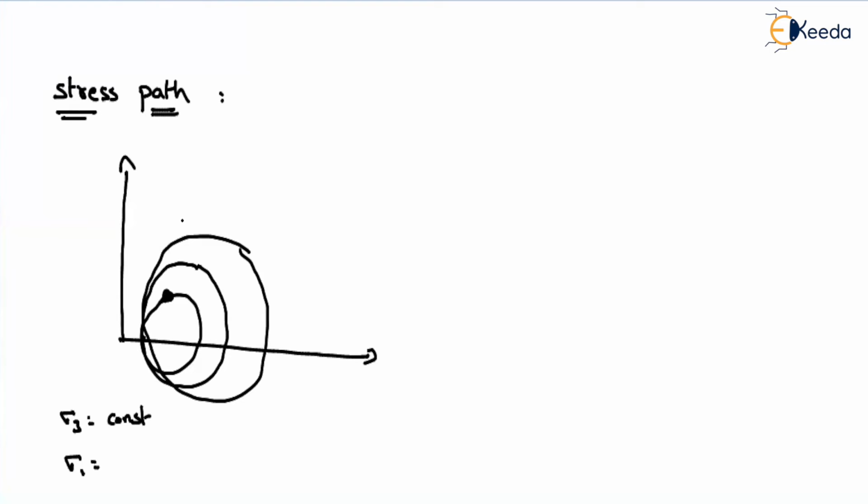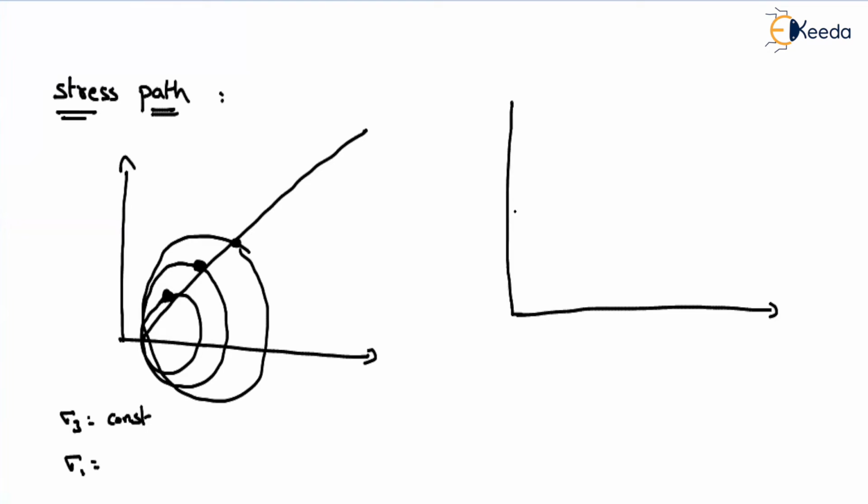If I am interested only in obtaining the maximum shear stress value, and I join only the points having the maximum shear stress, then we draw another plot, along the x-axis and along the y-axis. The maximum shear stress is sigma 1 minus sigma 3 by 2.